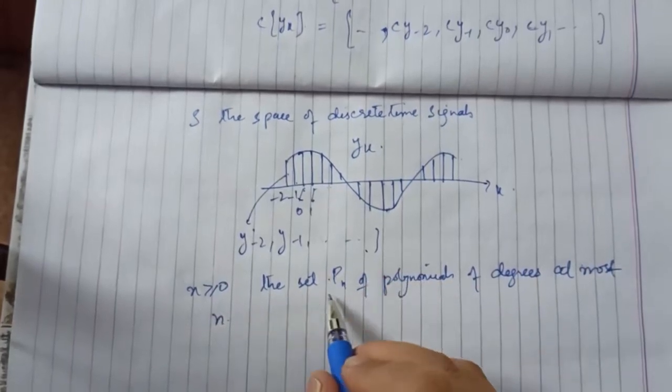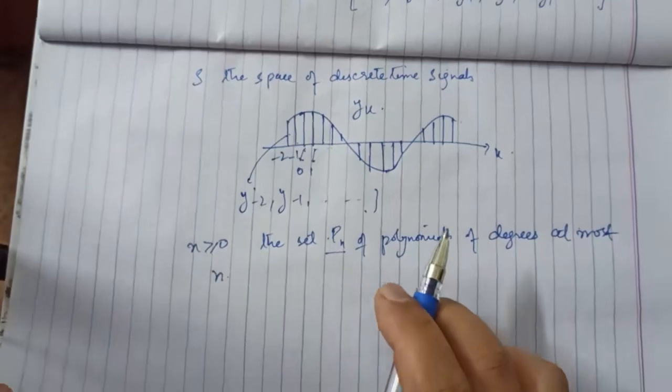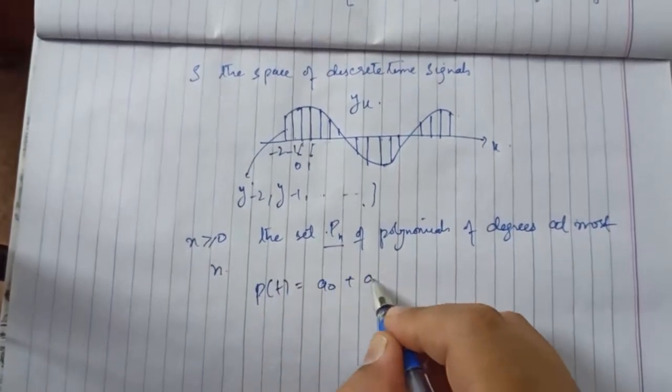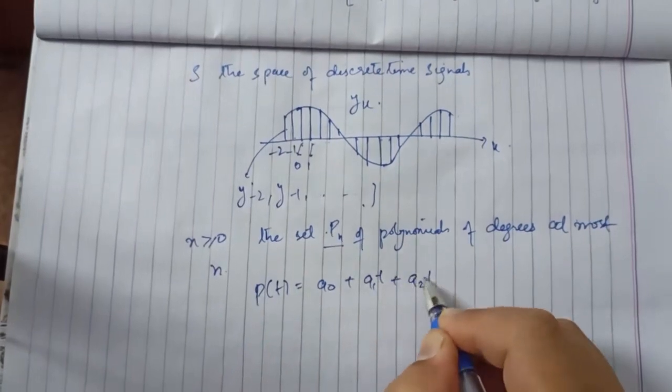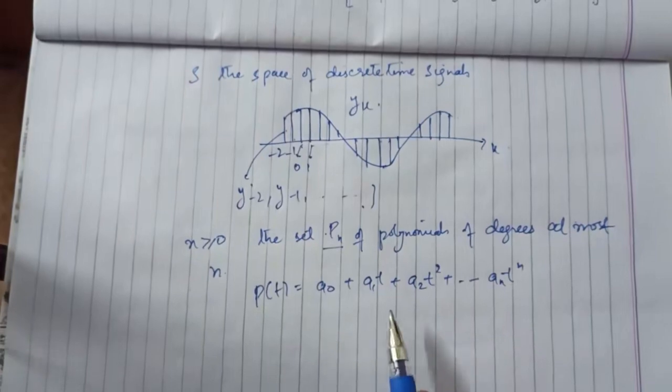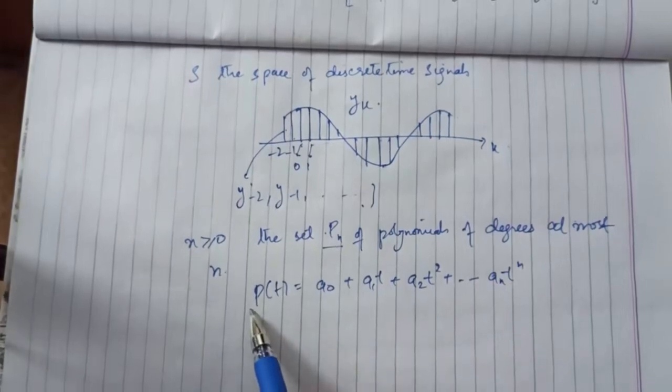So it also forms a set, also forms the sample space, because you can write p of t as a naught plus a1t plus a2 t squared up to a n t to the n, right? So these also form a vector space, right?